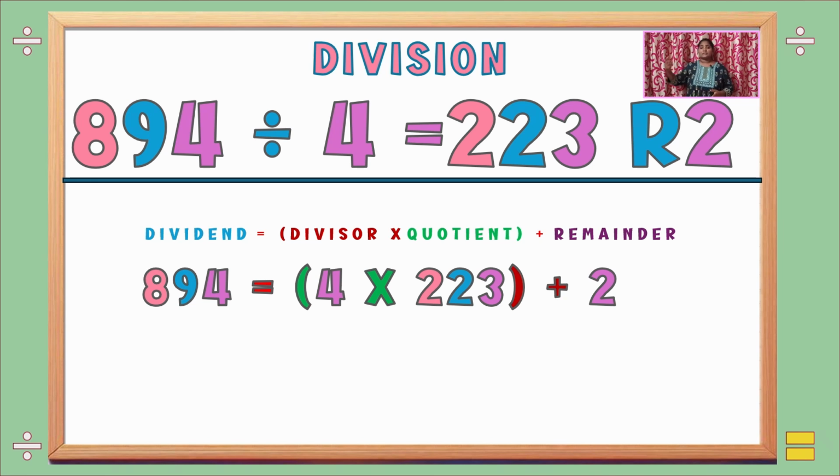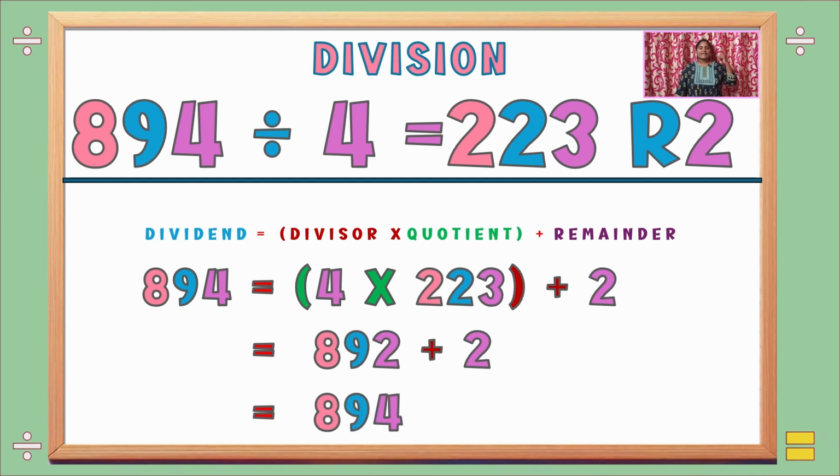And the quotient is 223. And plus remainder. Remainder is how much? 2. You can just do the calculation with the multiplication, then the answer will be 894.